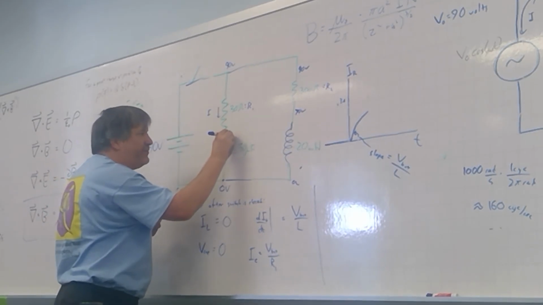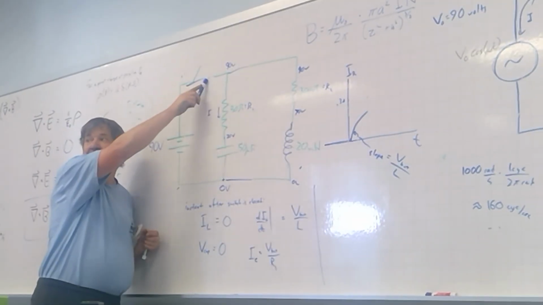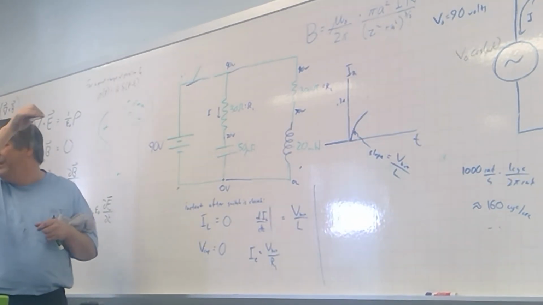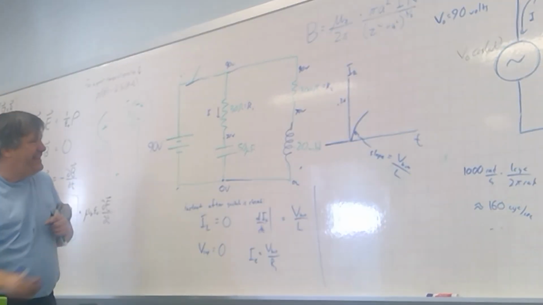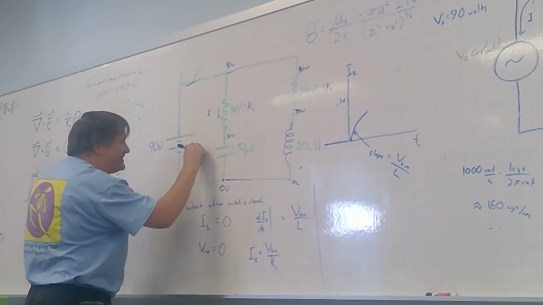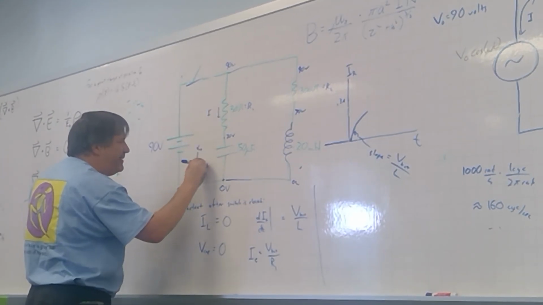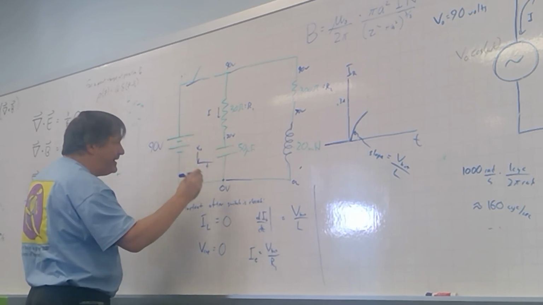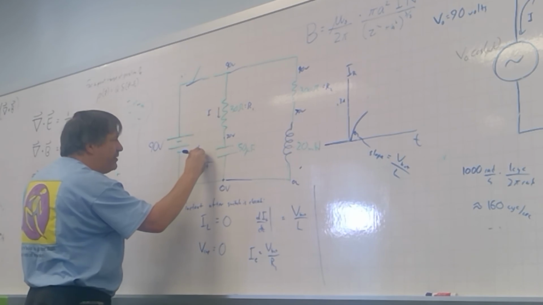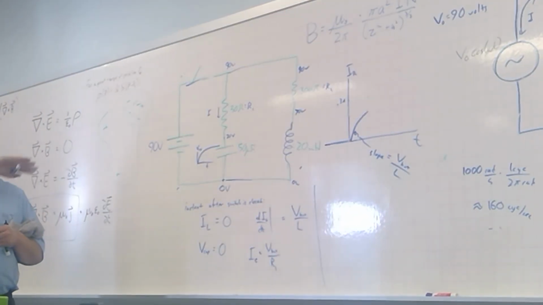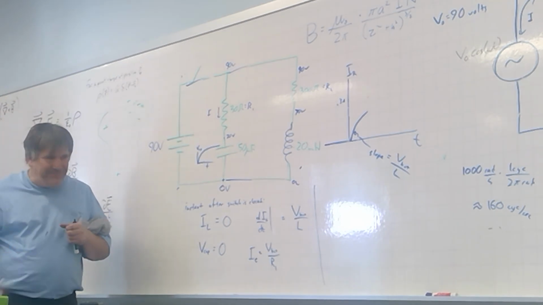This node would now have to be at 20 volts. And now I've only got 70 volts across the resistor, which means the current is now flowing more slowly. So if I was to graph the voltage across that capacitor as a function of time, we start out at 0. At first it would be increasing rapidly, but then it would increase more and more slowly, and it would give you that usual asymptotic approach.